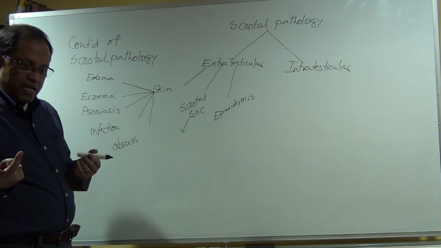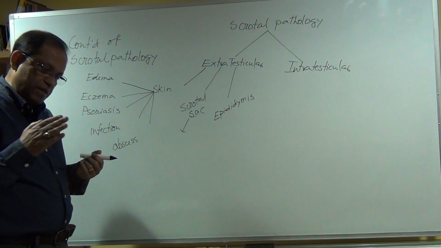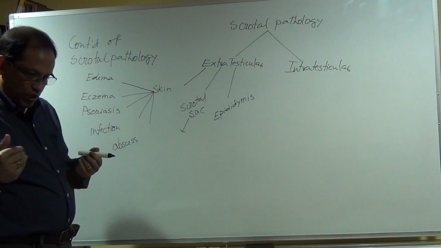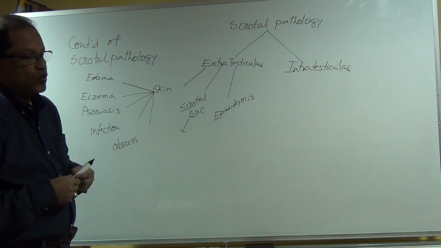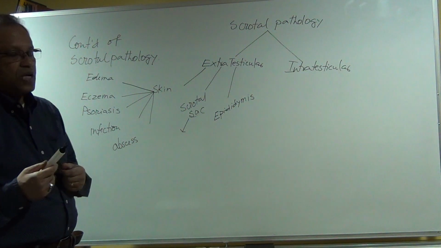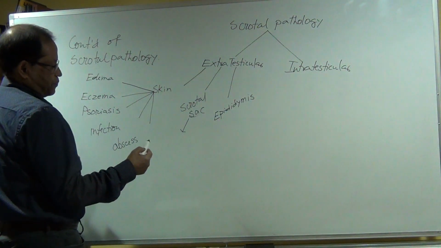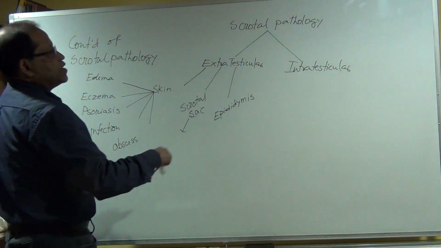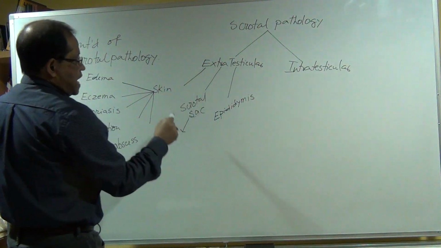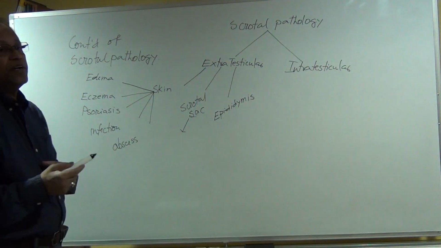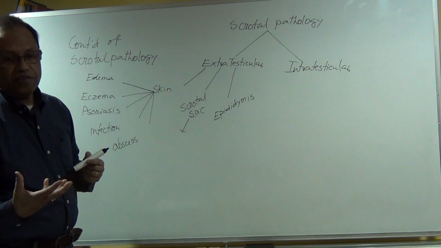And tunica vaginalis has a parietal layer and visceral layer. And between those two layers, the potential space is known as scrotal sac or scrotal space. And this scrotal sac is outside of the testis. And this scrotal sac can be filled with materials.